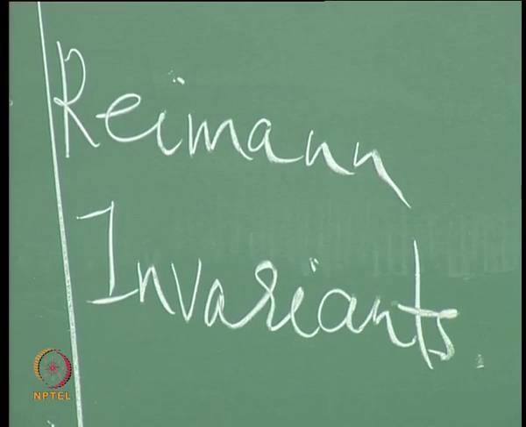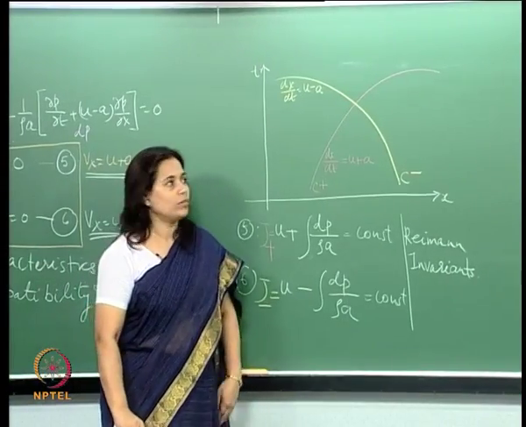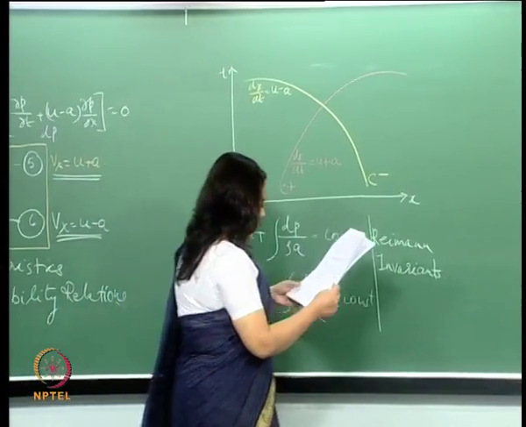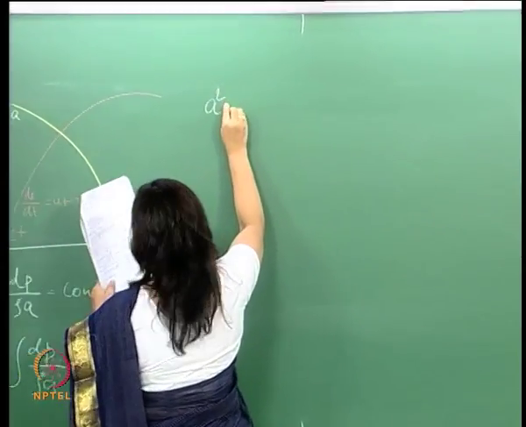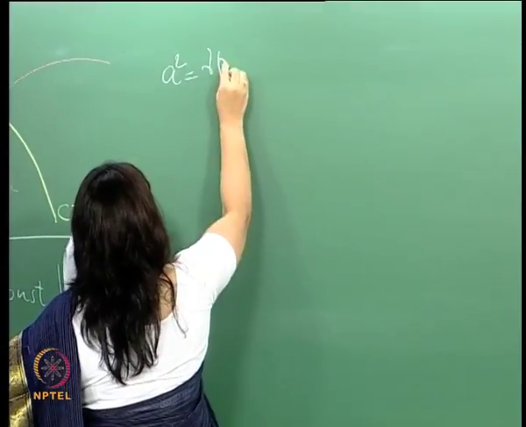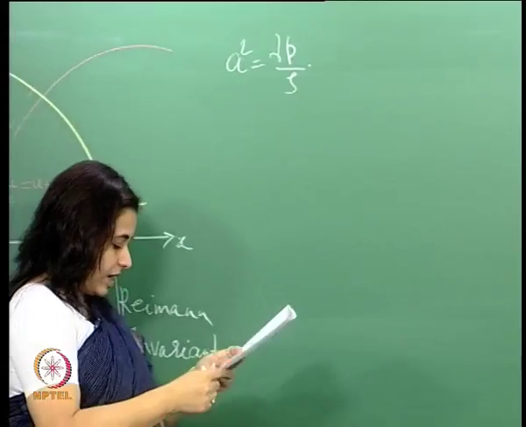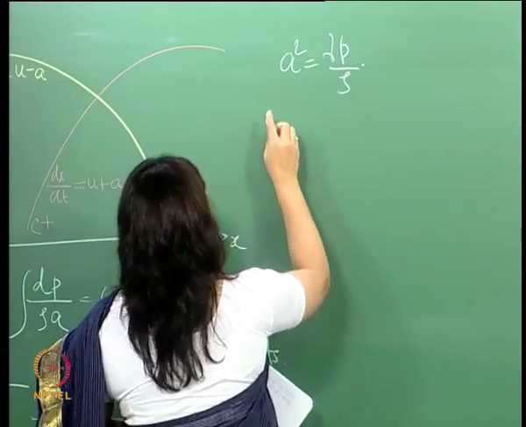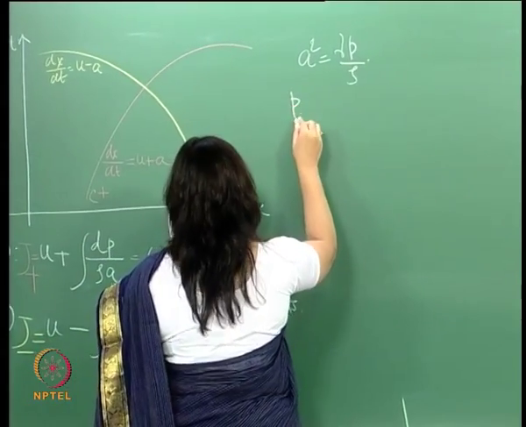So these are basically the Riemann invariants, J plus and J minus. Now for a calorifically perfect gas, we know this is true, and this is isentropic, so we use the isentropic relationship, which is P2 by P1 and so forth.